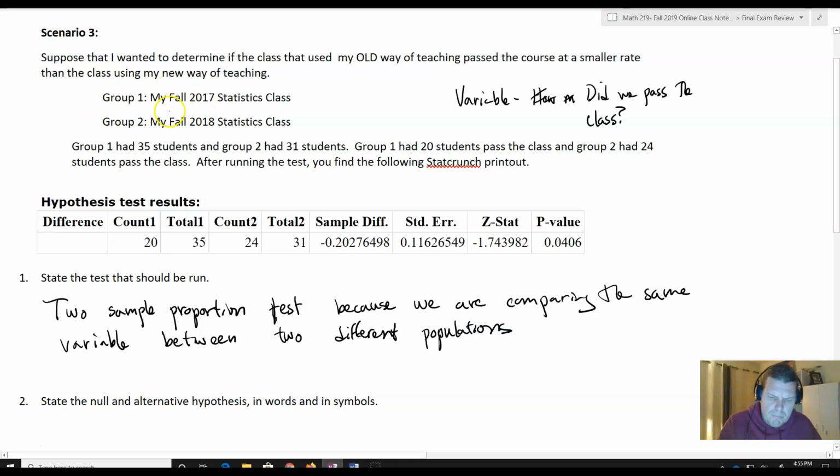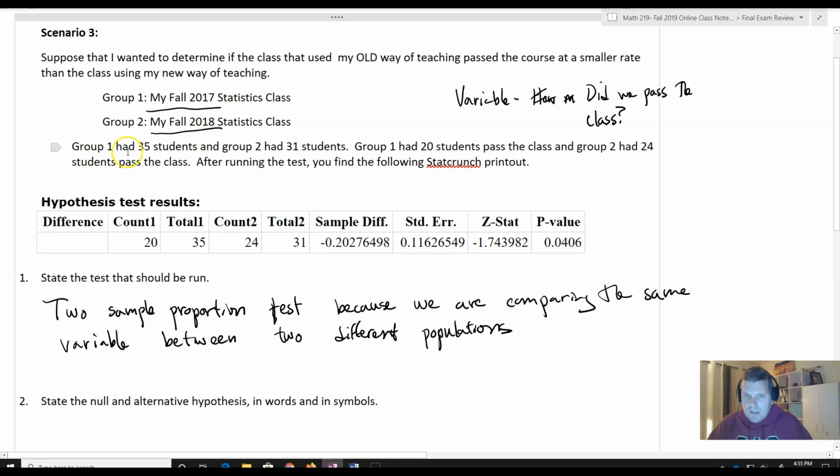Two samples. Sample 1 from Fall 2017, Sample 2 is for Fall 2018, right? And we're going to compare whether or not the individuals passed the course. What's the difference? The difference is the 2017 group, Group 1, had the old way of teaching, and 2018 had the new way of teaching.